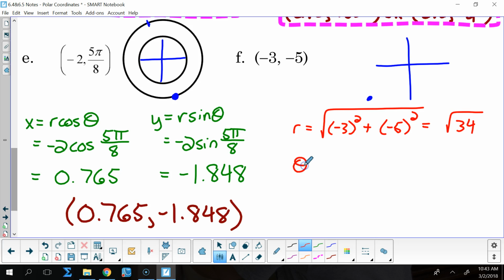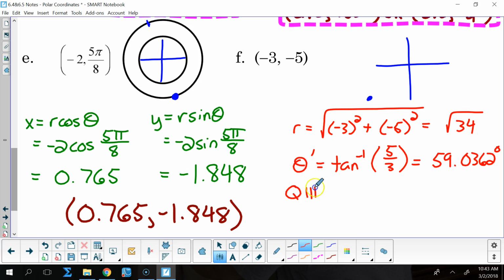Since I am in quadrant number 3, theta prime here is going to be the inverse tangent of 5/3, and that's going to be 59.0362 degrees. Because I am in quadrant number 3, my actual theta is going to be 180 degrees plus my theta prime.